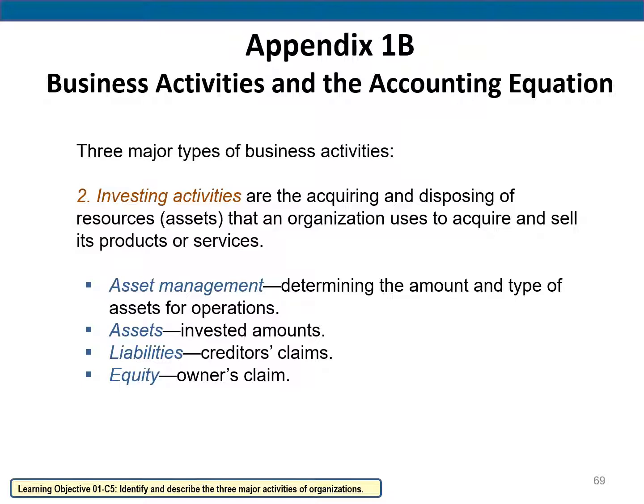Determining the amount and the type of assets that an operation needs is called asset management, and the invested amounts are referred to as assets. The financing is made up of creditor and owner financing, and those creditors and owners hold the claims on the company's assets. The creditors' claims are what we call liabilities, as we mentioned earlier in this lecture, and the owners' claims are called equity.